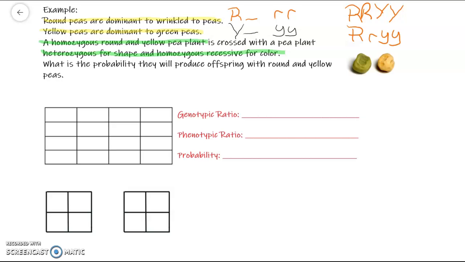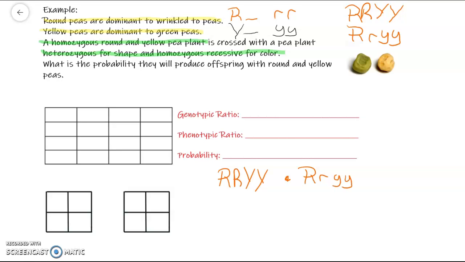So there's my two parents. So I'm going to write them down below now for us. We have a big R, big Y for the first parent, multiplying that with an individual who is heterozygous for shape, so they are round, and then they are going to have green peas, so two lowercase y's.